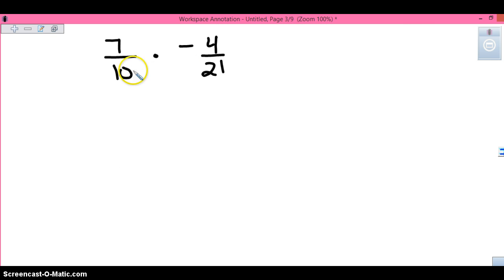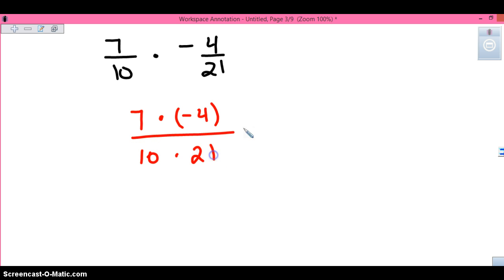If we work out this same problem without cross canceling, we would say 7 times -4 over 10 times 21. This would mean -28 over 210. This answer we have to simplify.